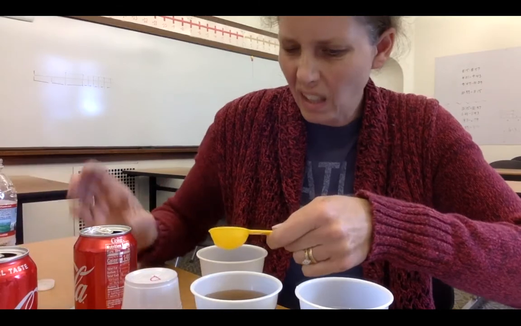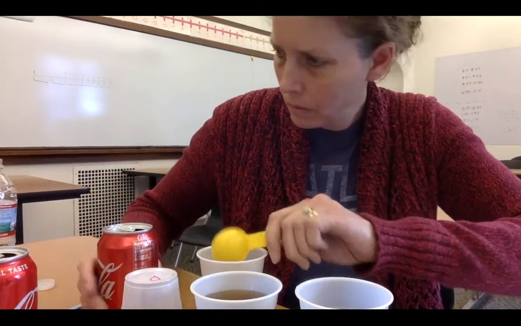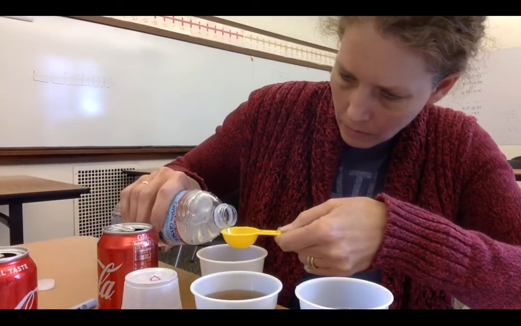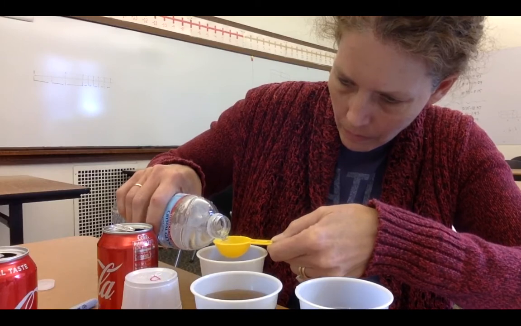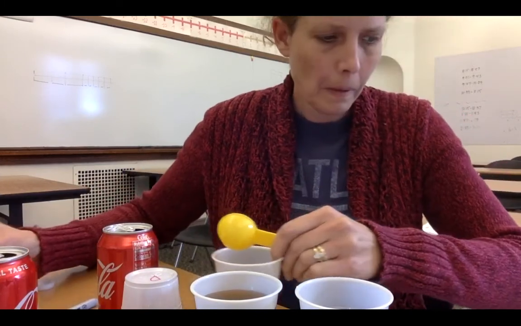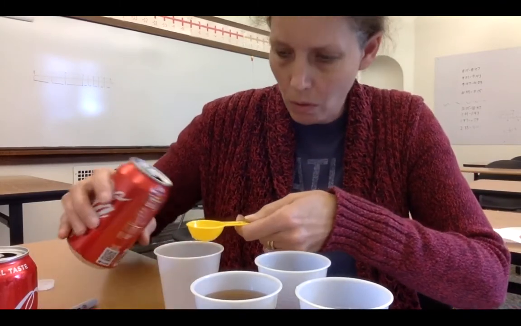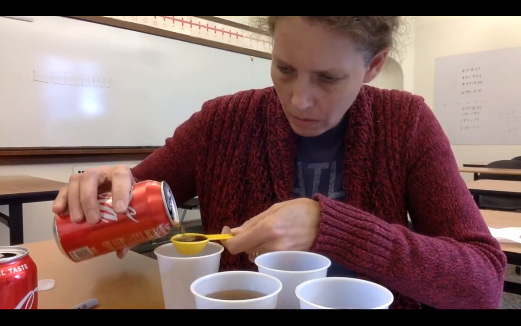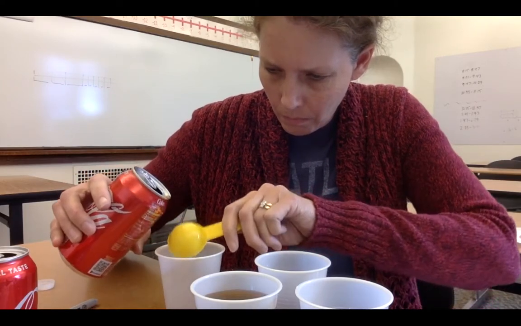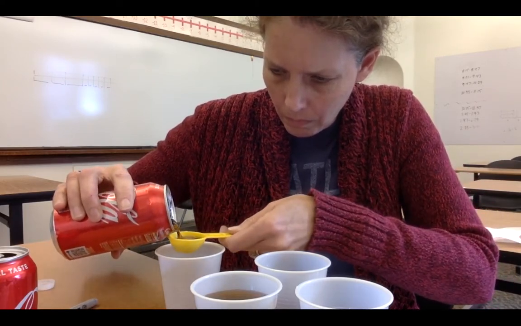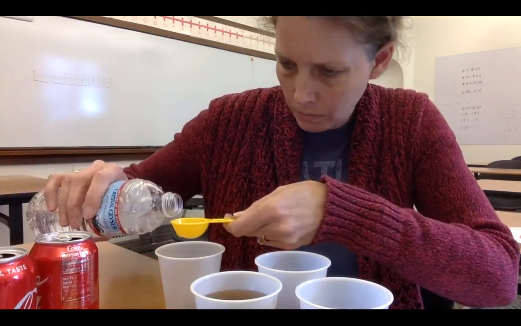Just to get a little bit more, I'm going to repeat that: 1 cup of Coke, 2 cups of water. For D, I'm going to do 3 cups of Coke and 5 cups of water.